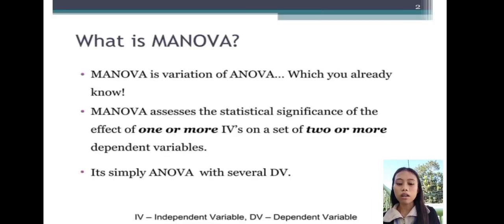What is MANOVA? MANOVA is a variation of ANOVA, which you already know. MANOVA is essentially ANOVA, but extended to analyze the differences in means for multiple dependent variables at the same time.